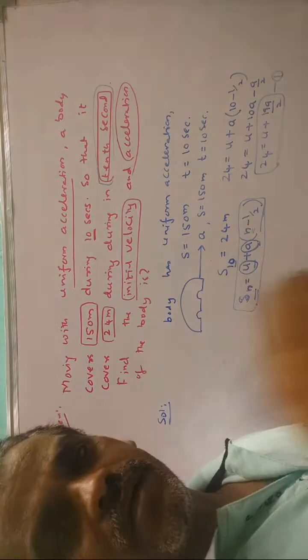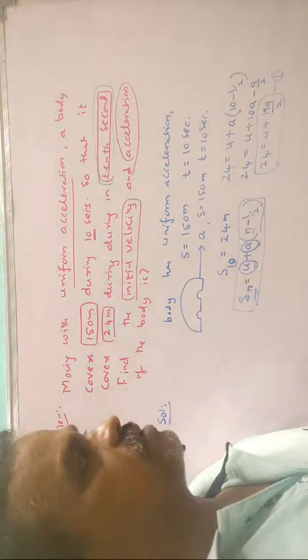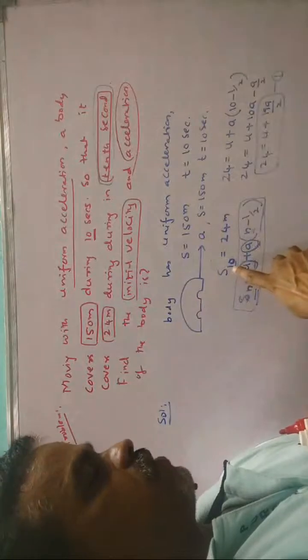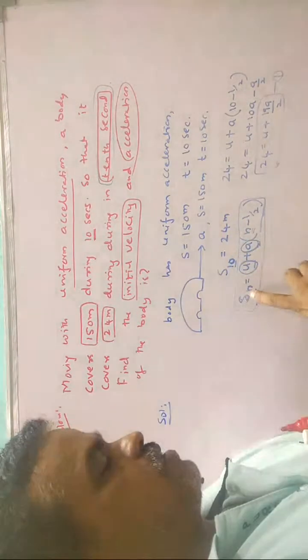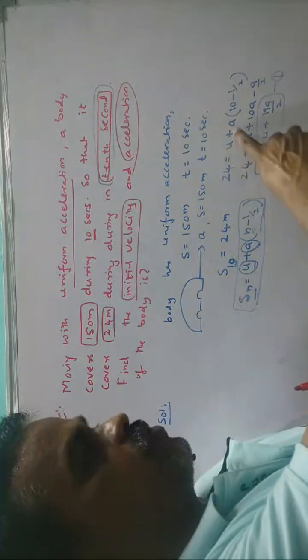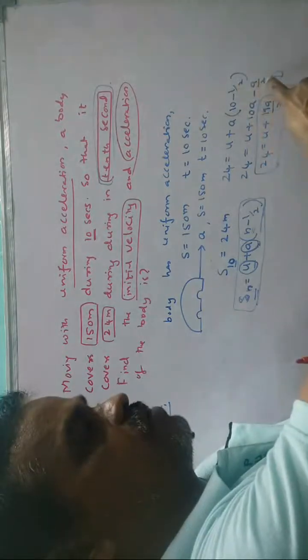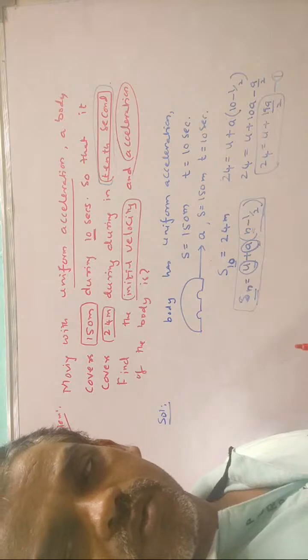For that, S10 equal to 24 meters. So here the formula we have, Sn equal to u plus a of n minus half. Here Sn equal to 24, u plus a into 10 minus half, 10a minus a by 2, 19a by 2. You have the equation.